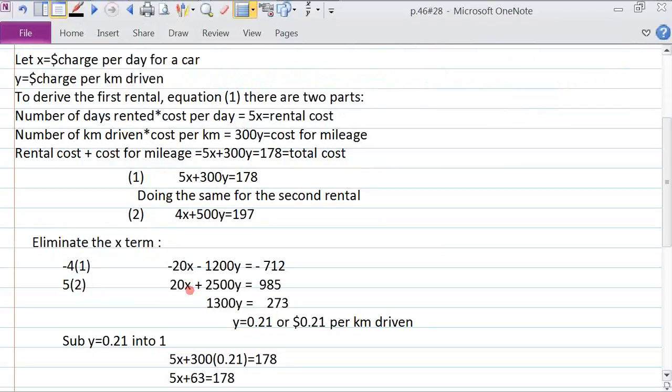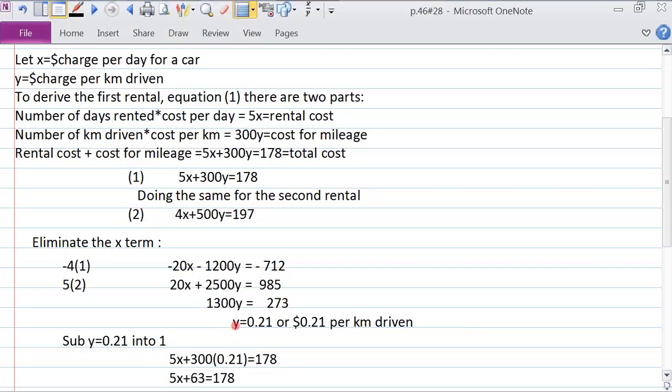So you'll notice that we're eliminating the x term. We've got minus 20x and plus 20x. So these are always opposite in sign. Same magnitude, opposite in sign. When I add this, I get rid of the x term. 2500 minus 1200 gives me 1300y. And 985 minus 712 gives me 273.